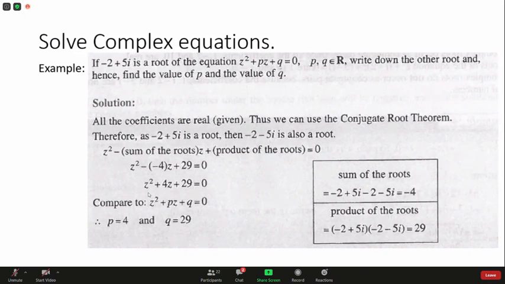So the equation should be z square, minus the sum of the roots, plus the product of the roots, equals 0. The sum of the roots, adding these two, you get minus 4. If you multiply these two, 2 square plus 5 square, that's 29. So finally, the equation is z square plus 4z plus 29. Therefore, p should be 4, q should be 29.